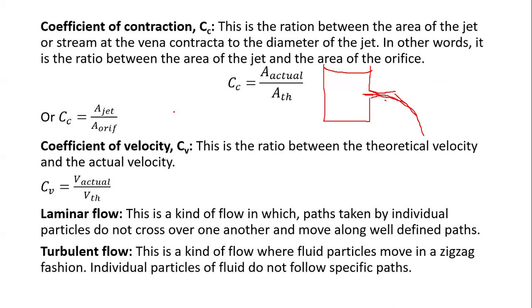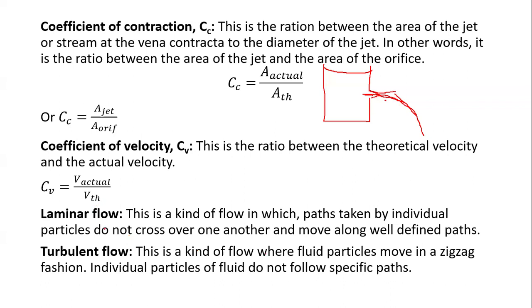So that's why we're saying coefficient of contraction, area of the jet over area of the orifice, actual over theoretical. That's how they stand side by side. CV, coefficient of velocity, refers to the ratio between the actual velocity and the theoretical velocity.